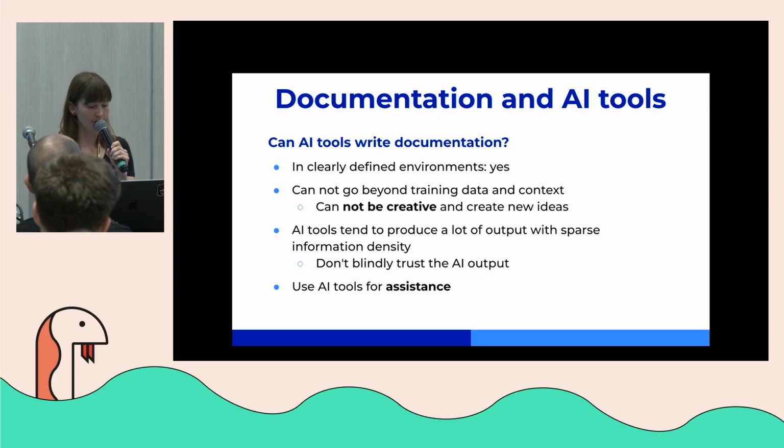And so you can work with that, but still you cannot blindly trust the AI output. And so you always need to double check. And so in summary, AI tools, in my opinion, are good for assistance, but they're not really good for driving something, because you always need to double check whether the output is actually valuable.